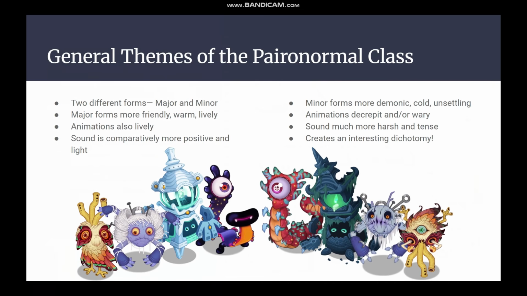They're a bit more demonic, you could say, cold, unsettling, and they're basically just opposites of the major forms. Major forms are happy-go-lucky, they're pretty inviting, and the minor forms are anything but that. So it creates an interesting dichotomy, an interesting parallel between the two different forms of the same monster.